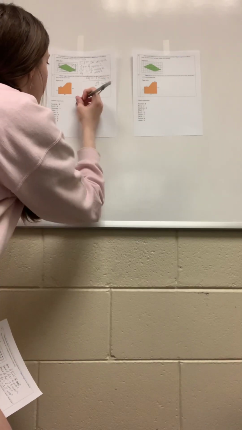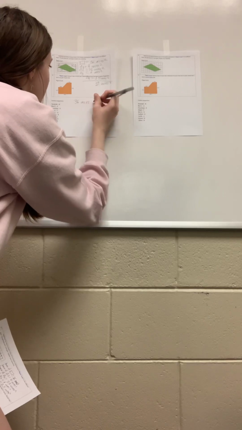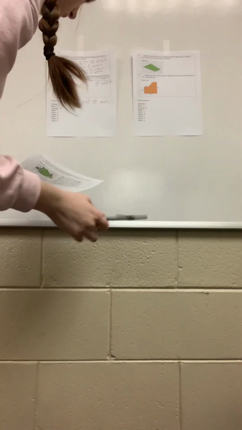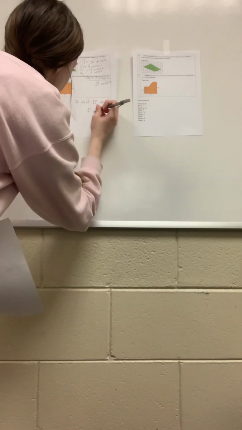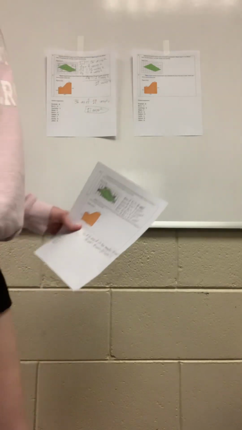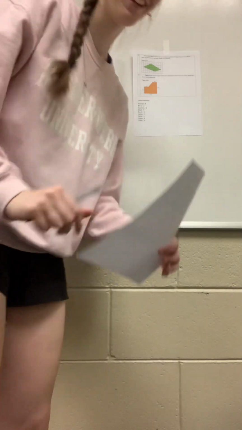And then we have 36 units squared minus 19 units squared equals 17 units squared, which is the area of the shaded quadrilateral. But now we have to do a second way.